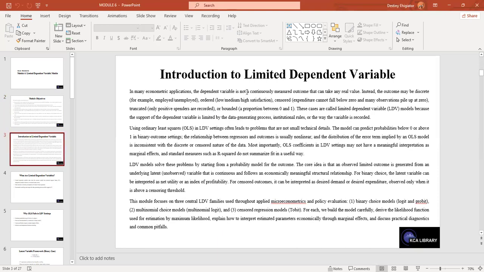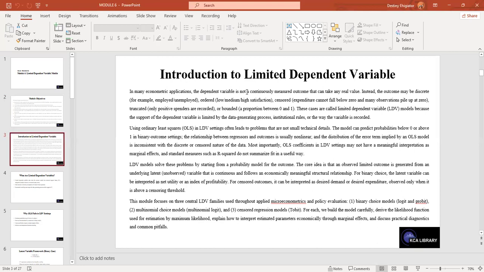By way of introduction, in many econometric applications, the dependent variable is not a continuously measured outcome that can take any real value. Instead, the outcome may be discrete, for example, employed or unemployed. It may be ordered: low, medium, high, satisfactory.